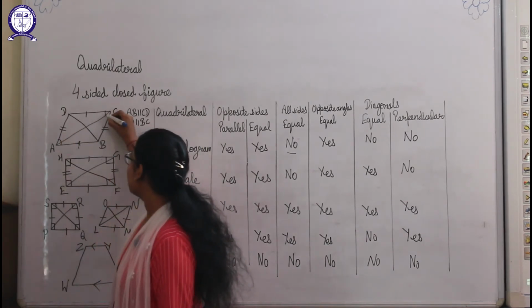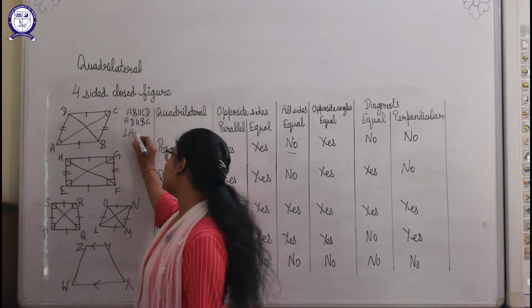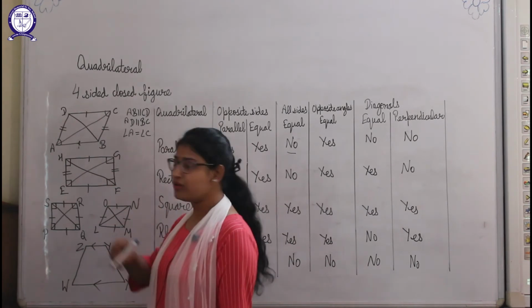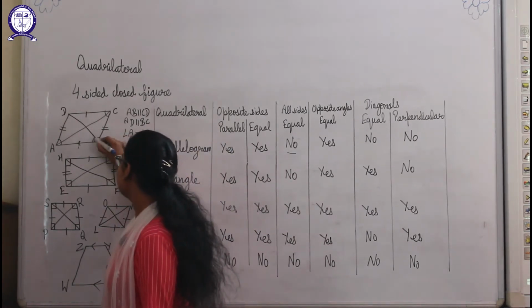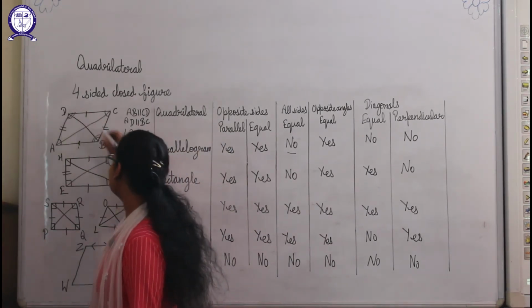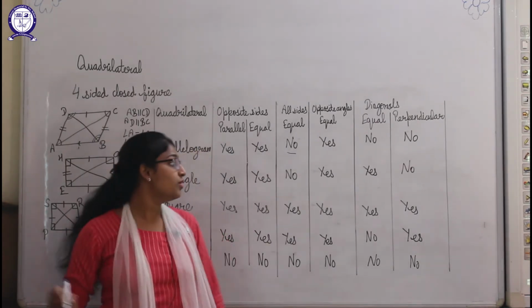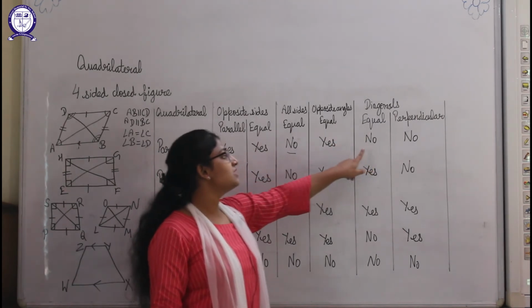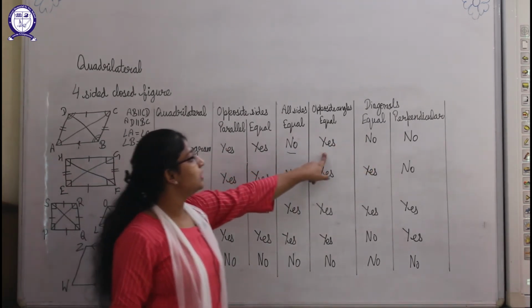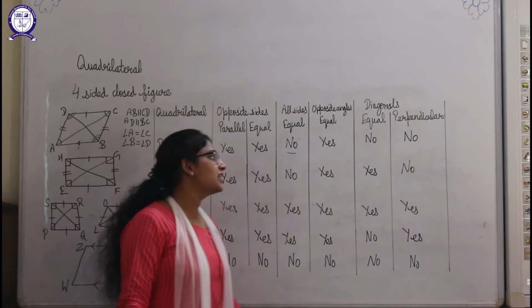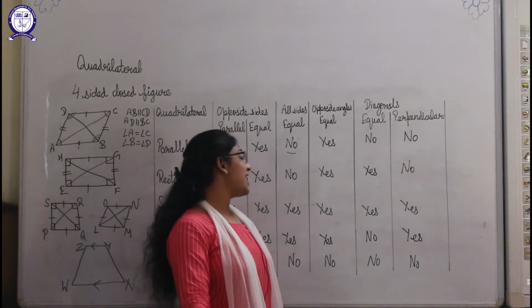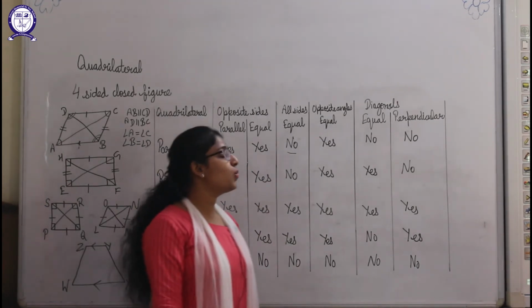Angle A and angle C, so angle A is equal to angle C in a parallelogram. Similarly, angle B and angle D are equal. So opposite angles in a parallelogram are equal. Now we will talk about diagonals. The diagonals of a parallelogram are equal to each other.